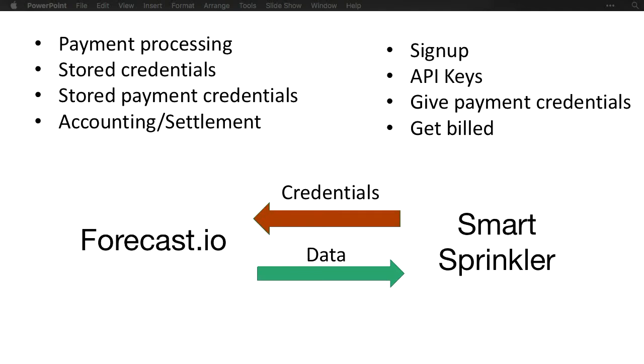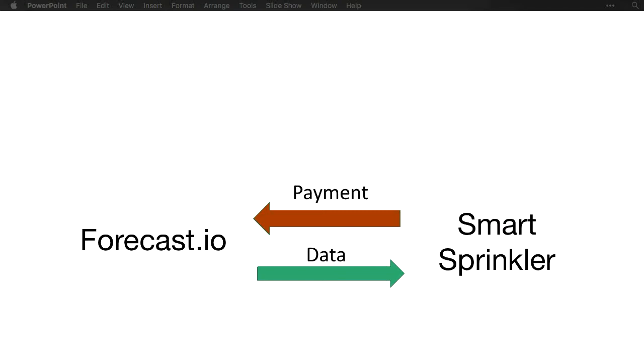But also there's so much on top of that. With API keys and sign up and payment processing, and even on their end, they have to settle properly and have to pay Visa, 30 cents plus 3% or whatever deal they have. So ideally, if you could just break it down into this. You would give payment in a trustless way, and they would say, here's the data back, and then you're done.